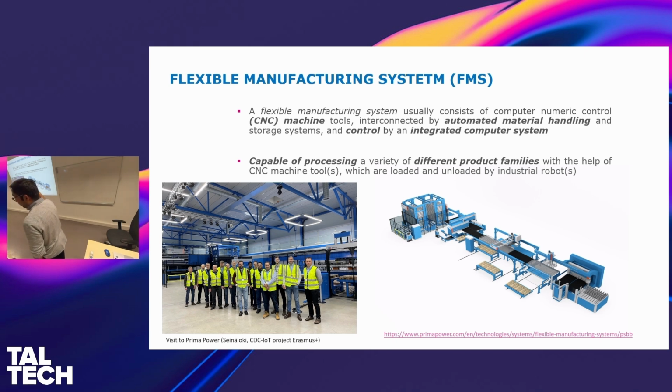What are the components there? A flexible manufacturing system usually consists of computer numeric control, let's say CNC, machine tools interconnected with automated material handling and controlled through an integrated computer system.